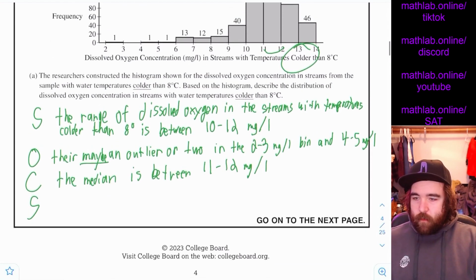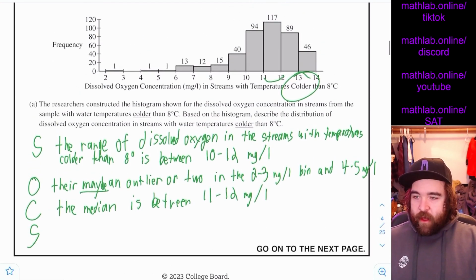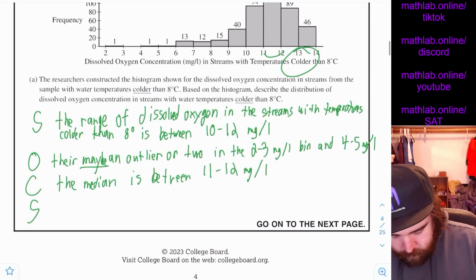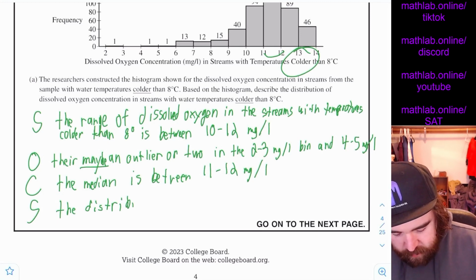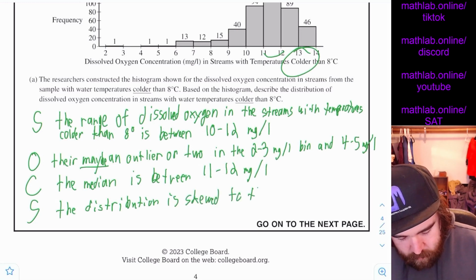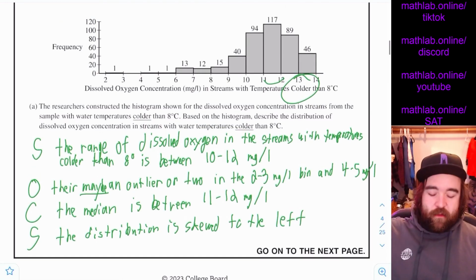All right. And then the shape. So the distribution is definitely skewed to the left. It's to the side that the tail is on.